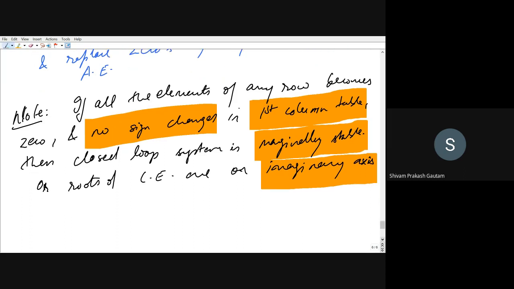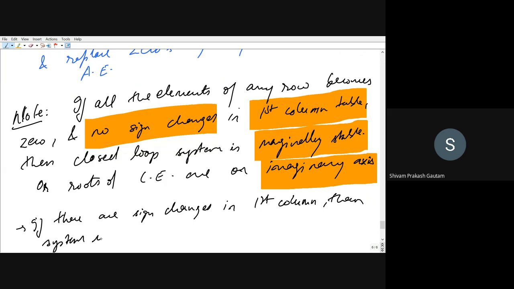If there are sign changes in the first column, then the system is unstable.